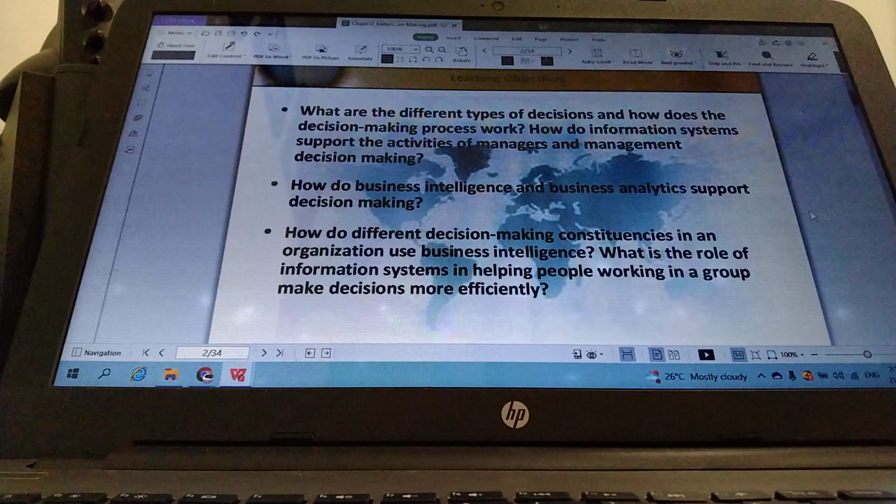Moving on, we're going to look at how different decision making constituencies in an organization use business intelligence. What is the role of information systems in helping people working in a group make decisions more efficiently?